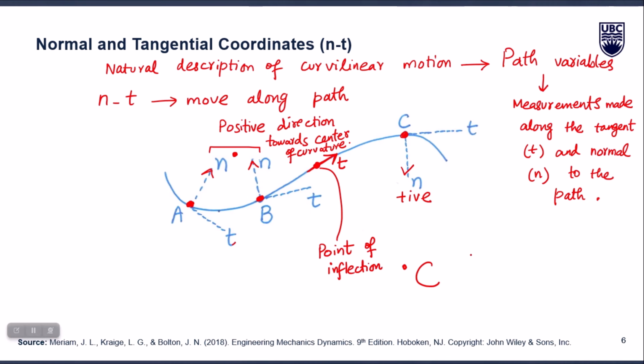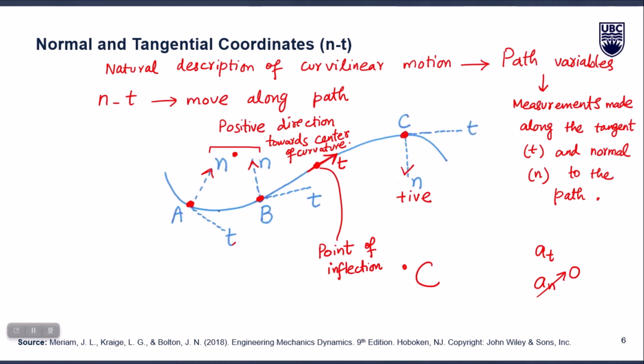If I call a sub t the component of the acceleration vector along the t direction and a sub n the component of the acceleration vector along the n direction, then at the point of inflection a sub n will be 0, right?